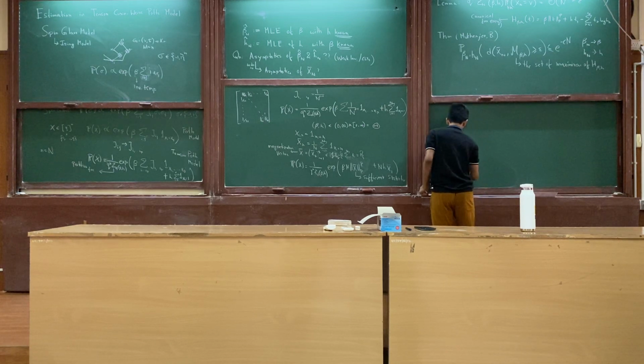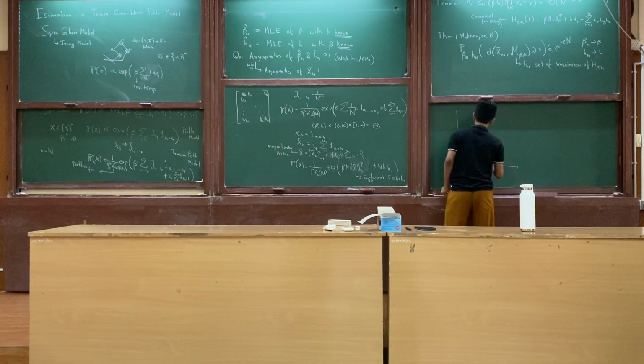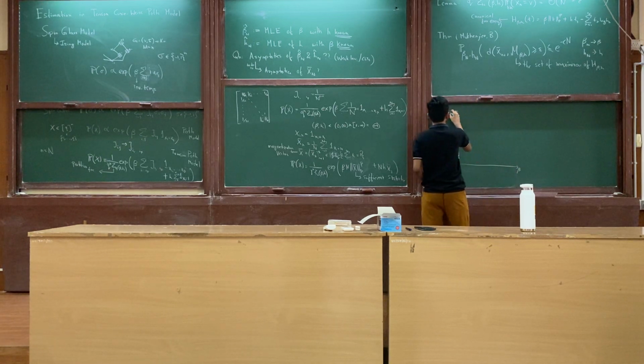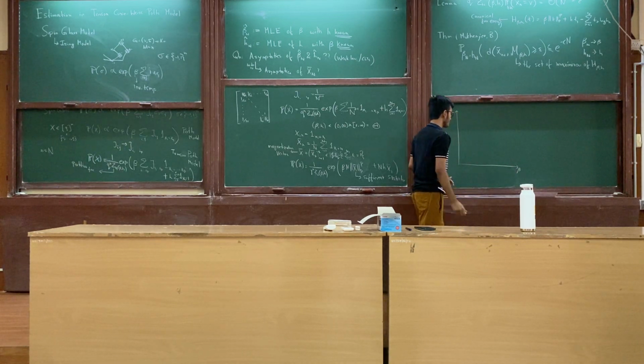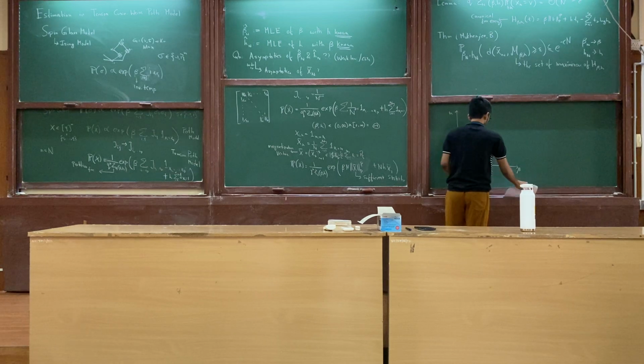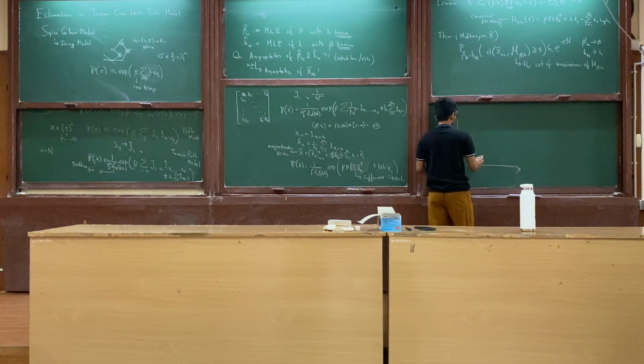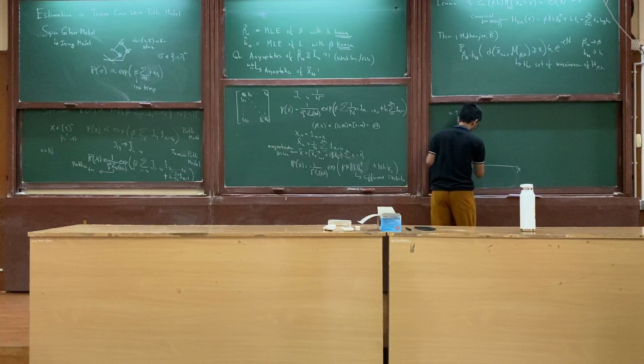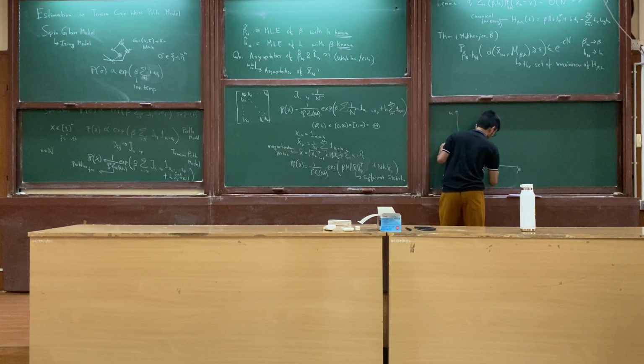So here is the parameter space. That is, I take x-axis, in x-axis I take beta, and in y-axis I take h. And then take a point here, beta c comma 0.